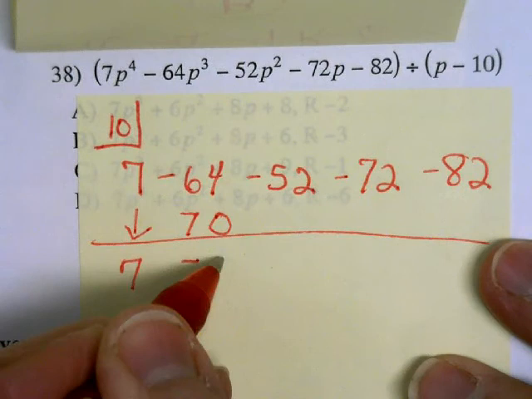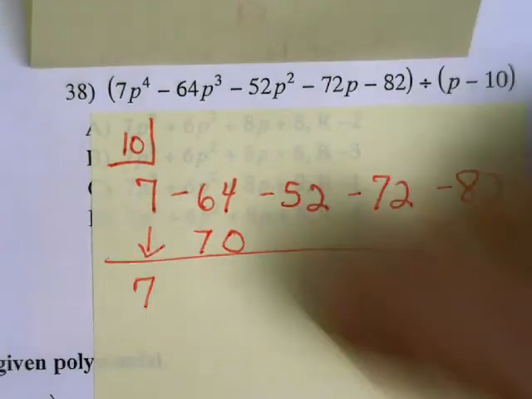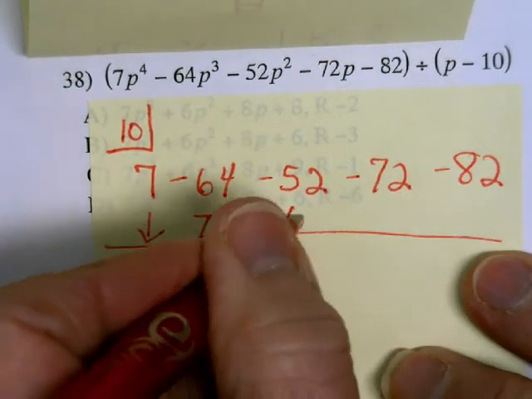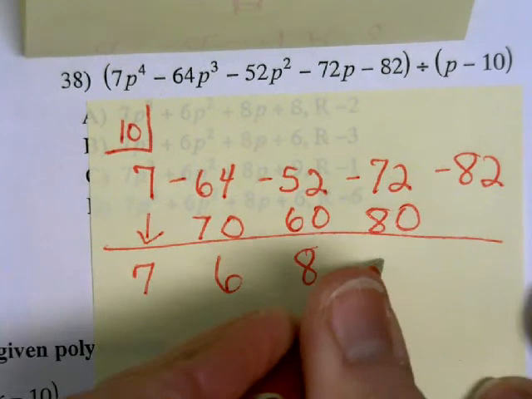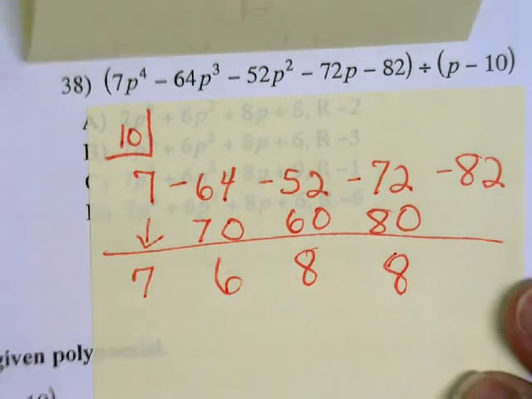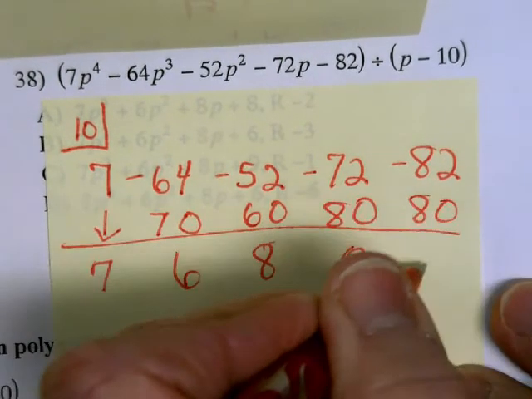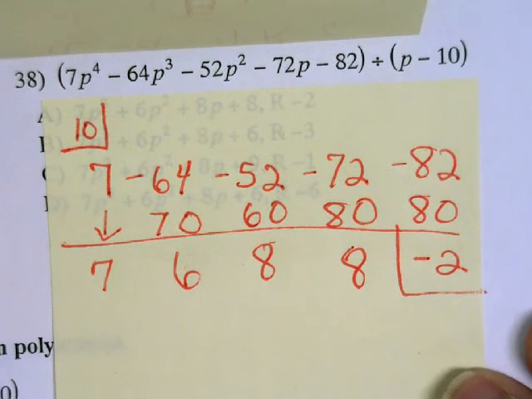Drop the 7, add positive 6. Add positive 8. Positive 8 again. That's interesting. Negative 2 finally.